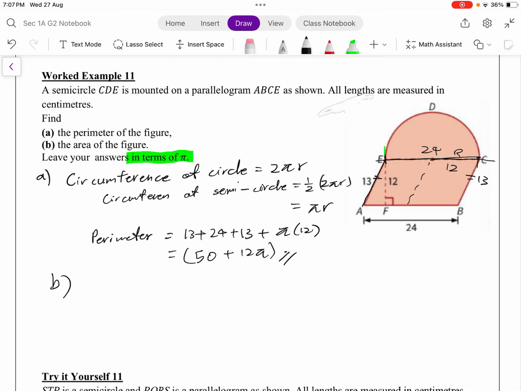Area of figure. Again, area of circle is pi r square. But this is a semicircle, so area of semicircle is half times pi r square.